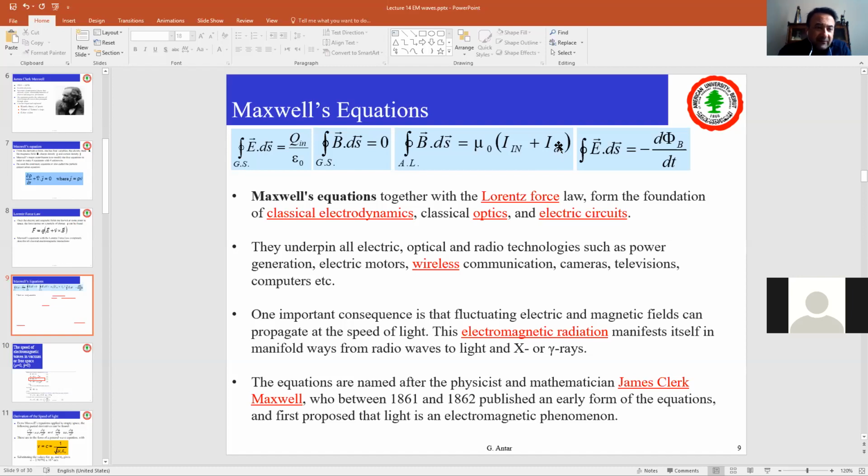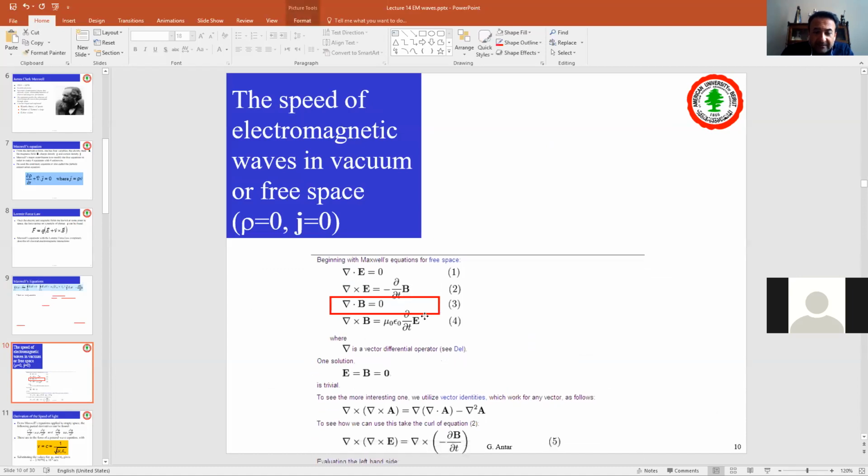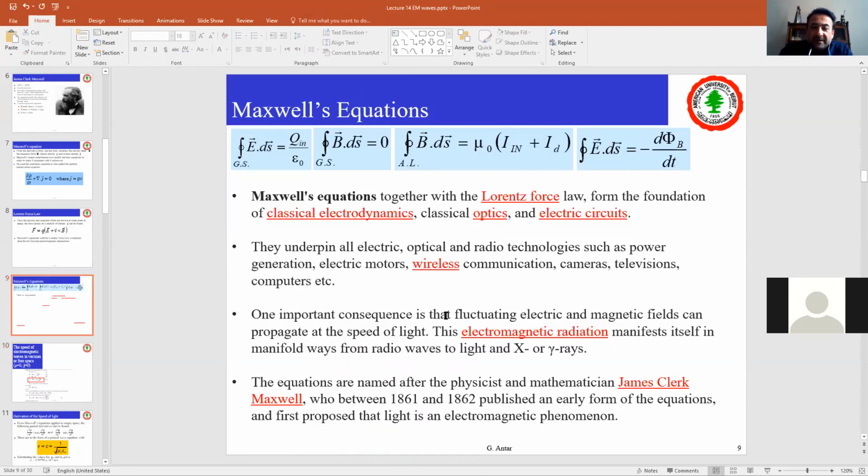So I can write the Ampere-Maxwell law as the one in red, which is written now: rotation of B is equal to epsilon 0 mu 0 dE over dt. Once again, that's the differential form.